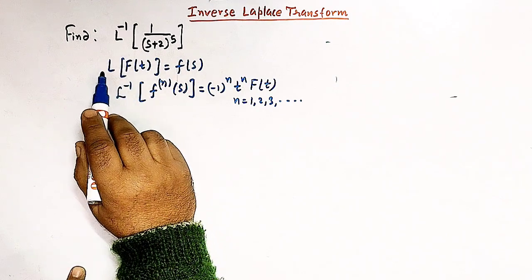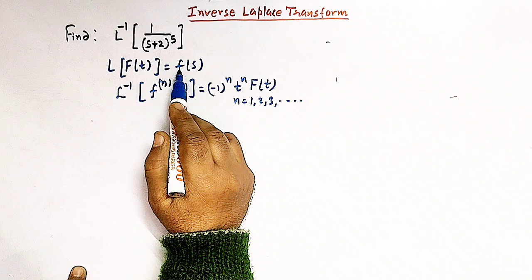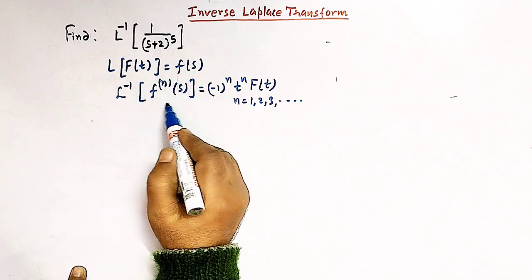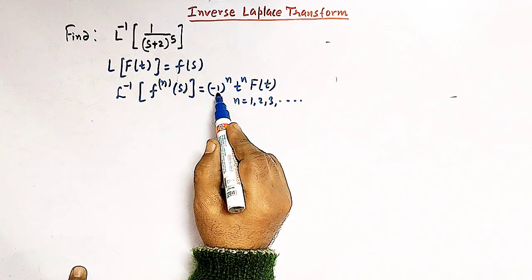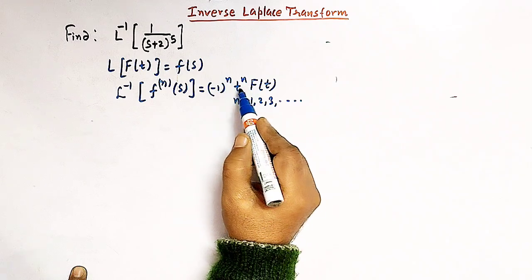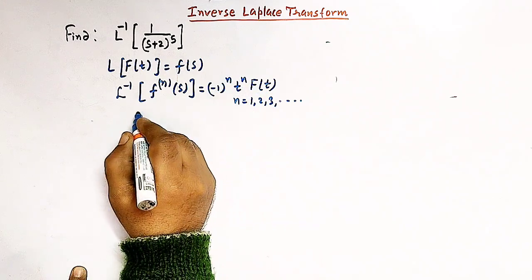So if the Laplace transform of a function f(t) is F(s), then the inverse Laplace transform of the nth derivative of F(s) is given by this expression, (-1)^n t^n f(t).